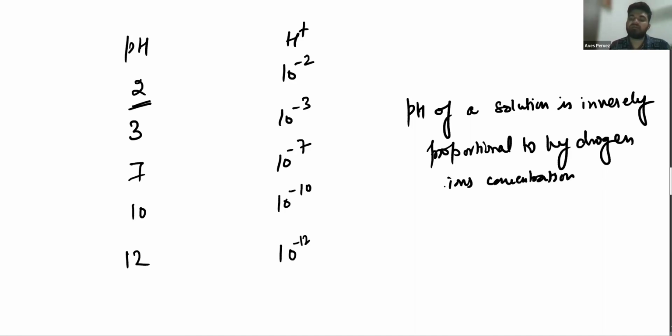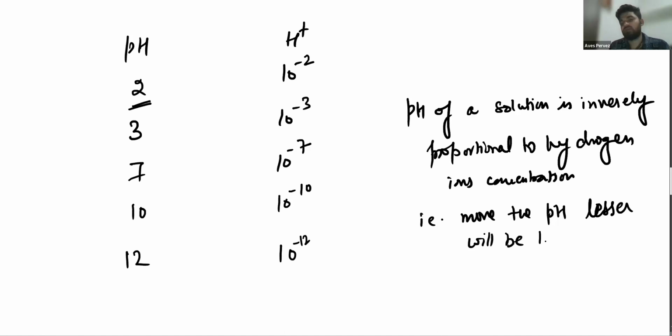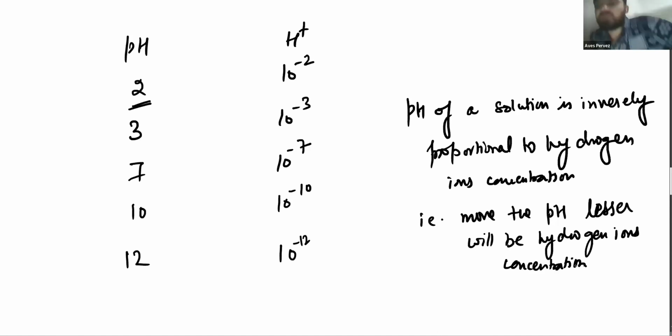That is, I can say that more the pH, lesser will be the hydrogen ion concentration. Got it? More the pH, lesser will be the hydrogen ion concentration. Got it? Yes, sir.